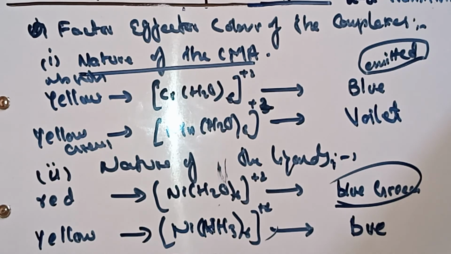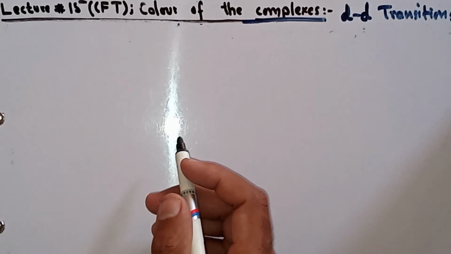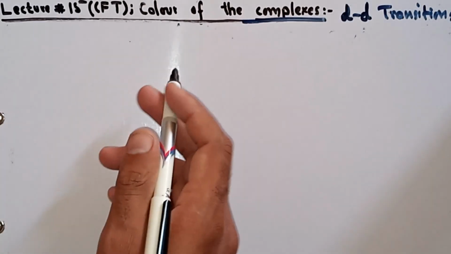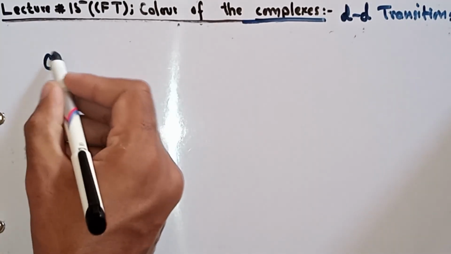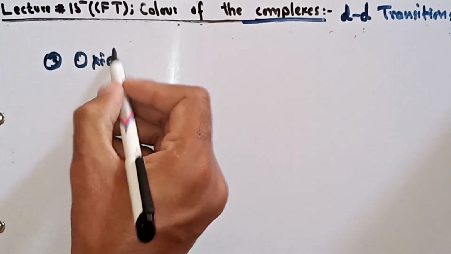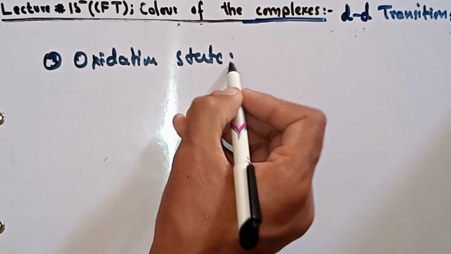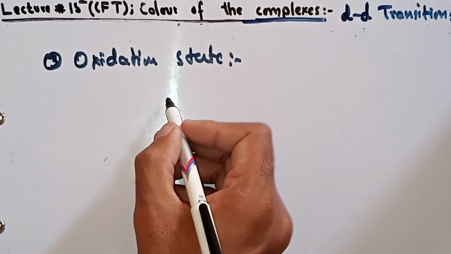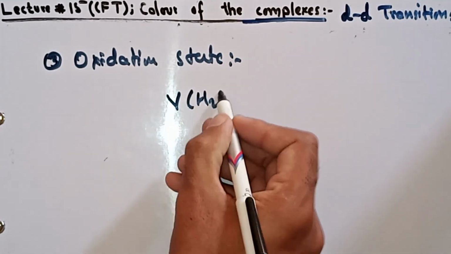You can take a screenshot. I am just going to clean the board to proceed further. The color of transition complexes, or dd transition, also depends upon the oxidation state of the central metal atom. How? Let's take an example: vanadium H2O 6.